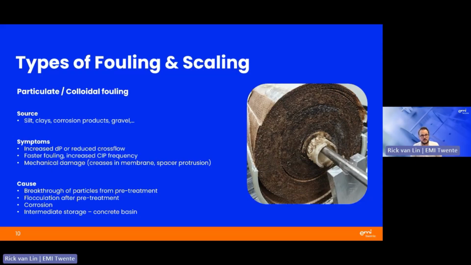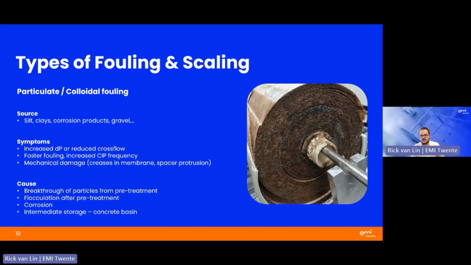A faster fouling, which then also leads to increased CIP frequency, or mechanical damage, which in the end translates to creases in the membrane or spacer protrusion. You typically see the cause hereof is the breakthrough of particles from pre-treatment, right? So improper pre-filtration.